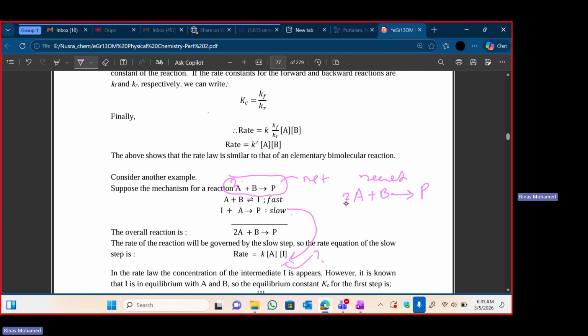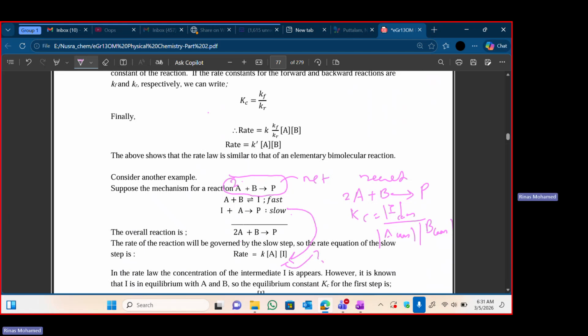For the first step, I can write Kc. Kc equals the intermediate's concentration divided by the reactants' concentrations, A's concentration and B's concentration. All the stoichiometric numbers are 1, so we are not putting any orders.